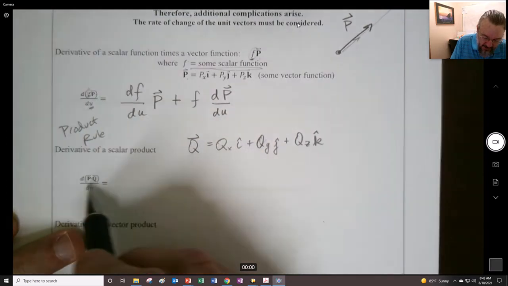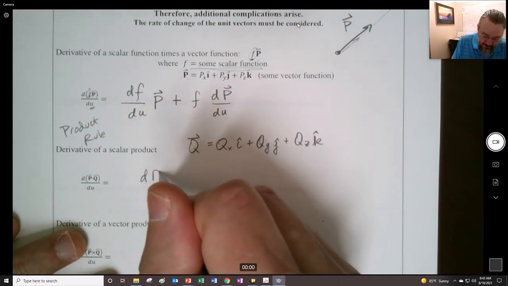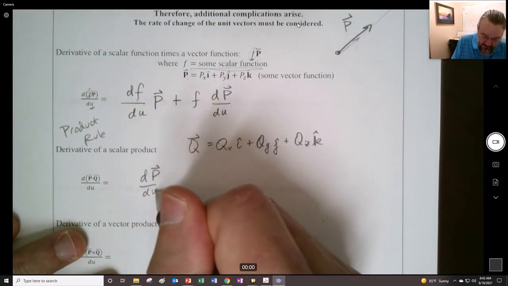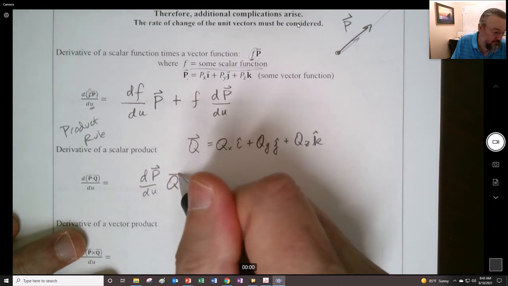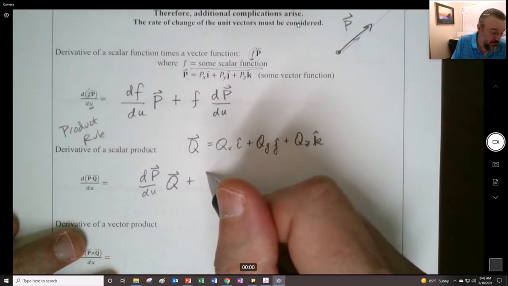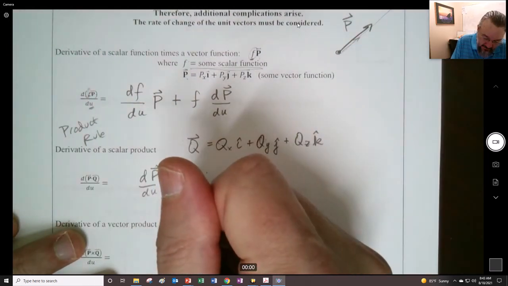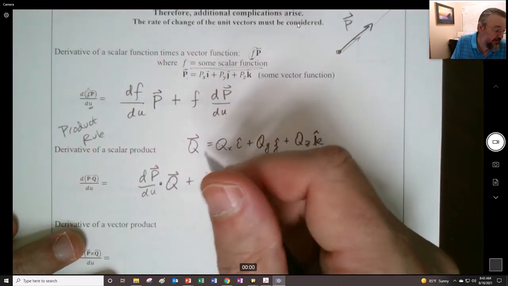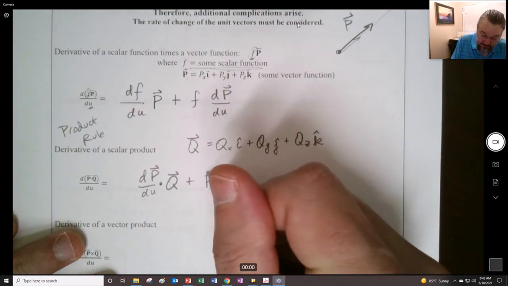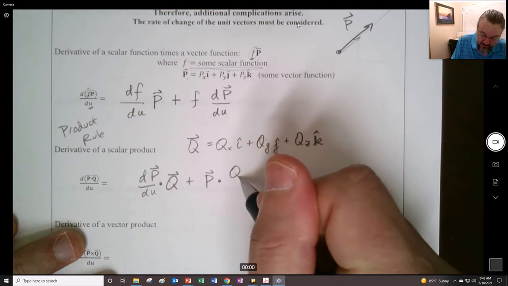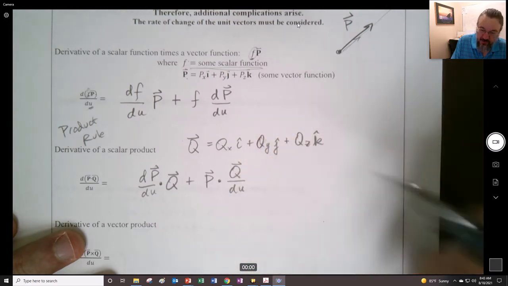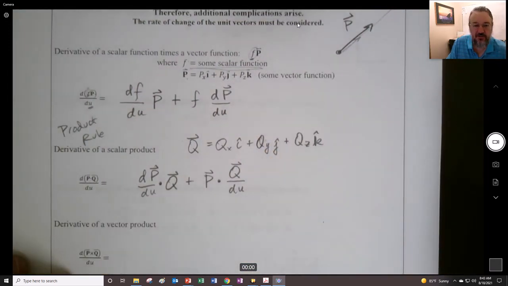So if you take the derivative of this, it is of course dp du times q, plus, and I think you need to dot. We still need to keep the dot in there, in the dot product. And then the p dotted with the dq du. And this is sort of meaningless stuff until you start applying it.